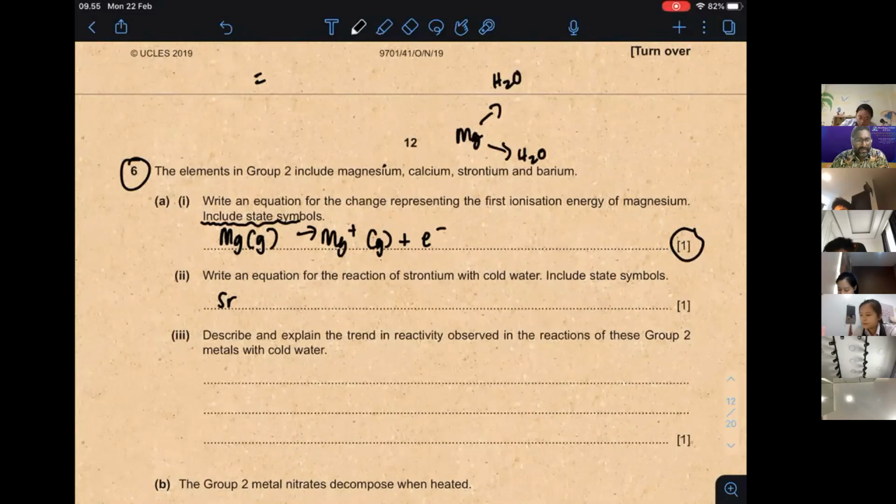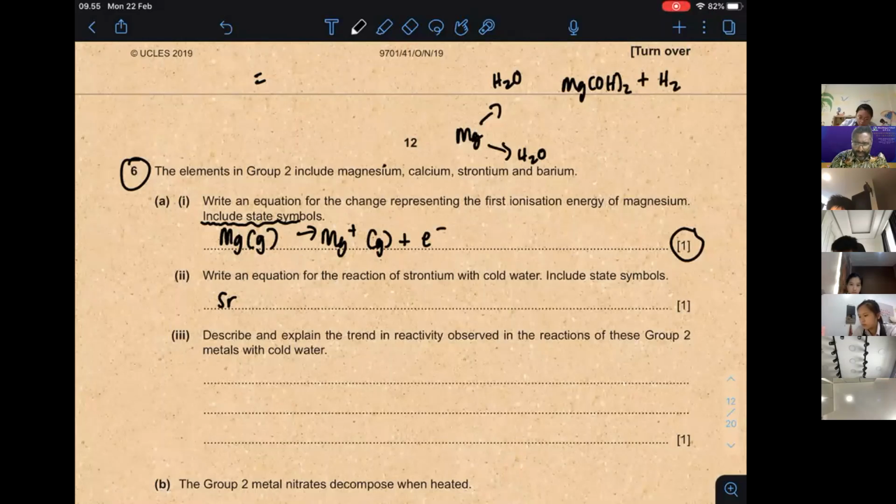Magnesium is a bit special because as you go down the group, the reaction is going to be more vigorous, more reactive. So the one on top is not so reactive. With water, they can give you Mg(OH)2 plus hydrogen gas.